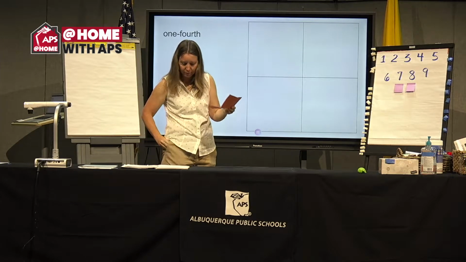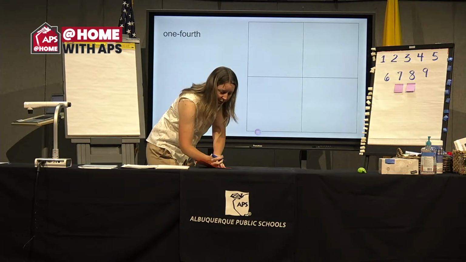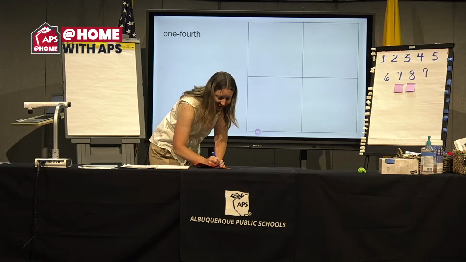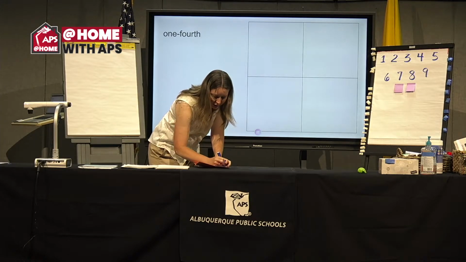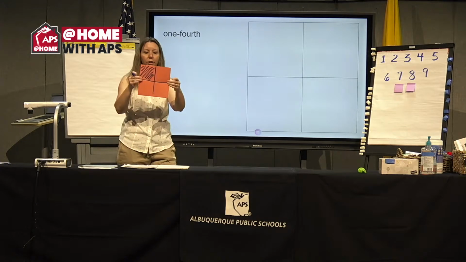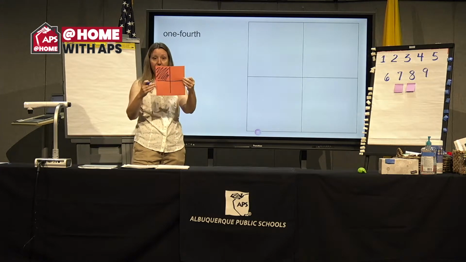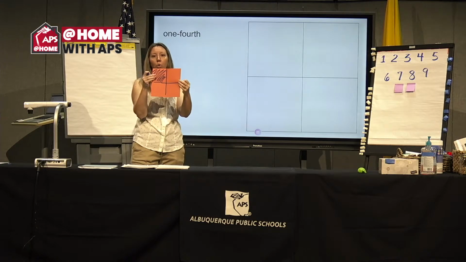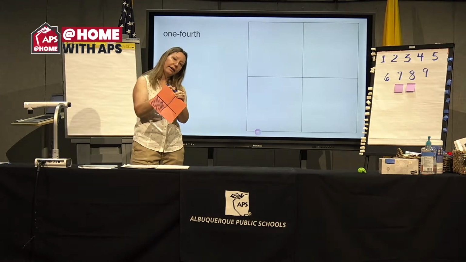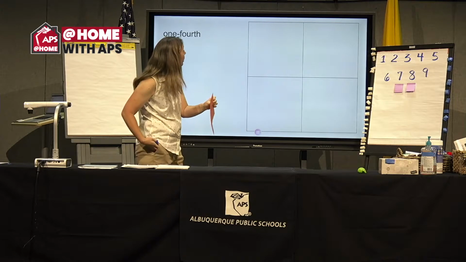and I'll bring out my marker, oh, that's going to make it an awful looking color. So this is what I would like you to do. Make your halves, and then make it into a 4th, and then color in 1/4 of it, while I sit up here and do my example.